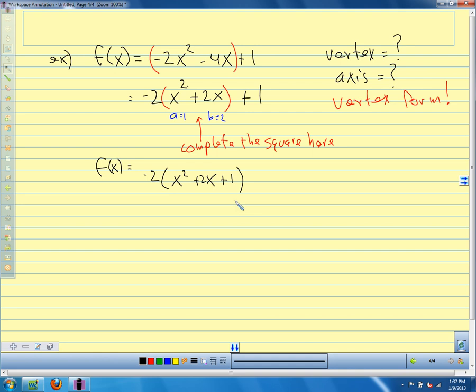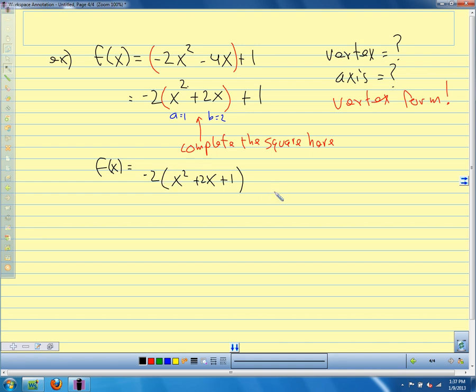Now here's where we have to be really careful. This 1 is inside the parentheses. What is the negative 2 doing to the parentheses? Multiplying. It's multiplying everything in the parentheses. So I'm not just adding 1 here, I'm adding 1 times negative 2. So basically what I'm doing inside the parentheses is subtracting 2.